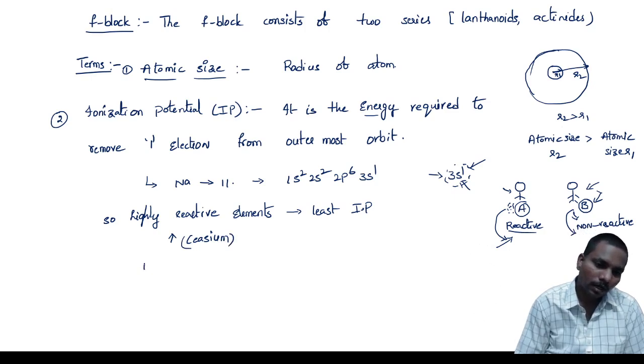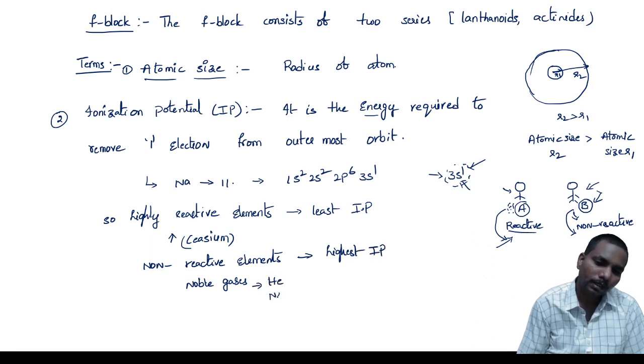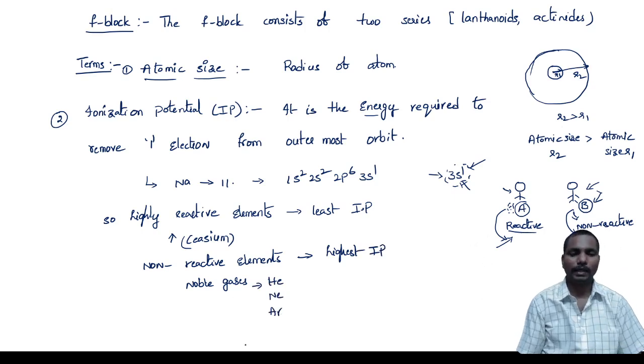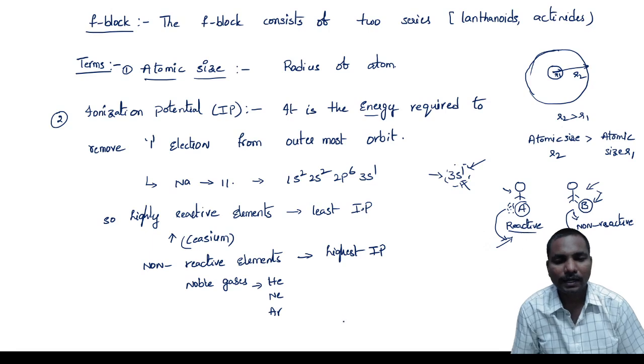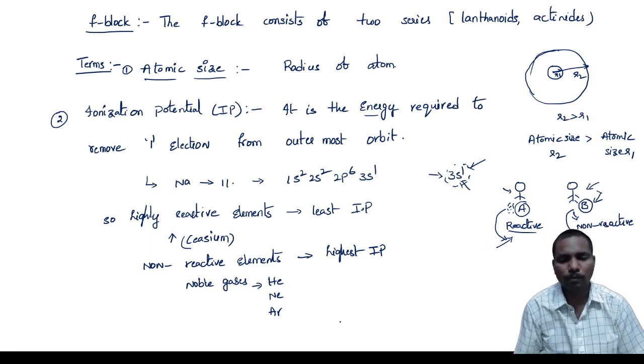And non-reactive elements? Generally, you can say noble gases have the highest IP. For example, helium, neon, argon. These are non-reactive elements, so the highest ionization potential.